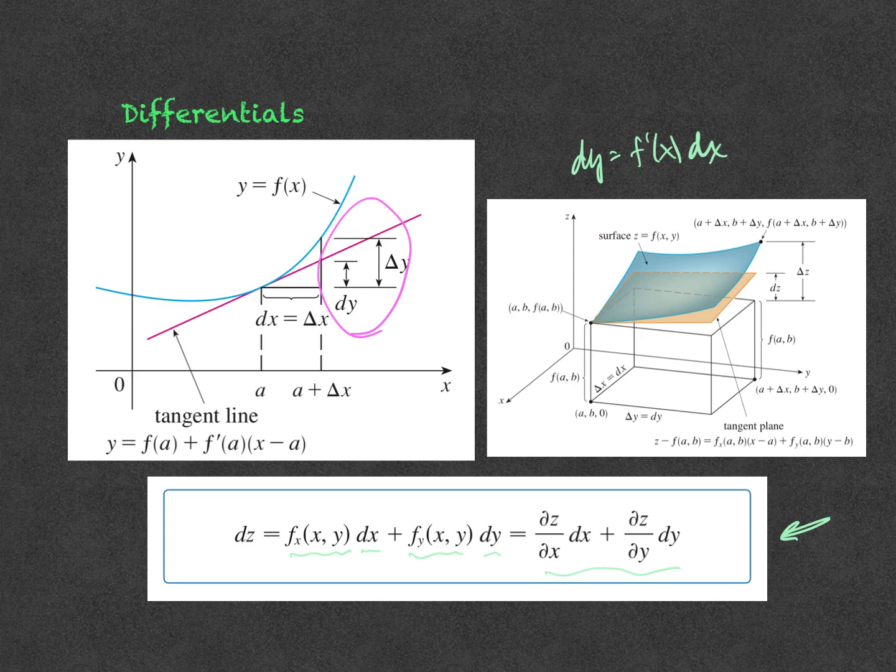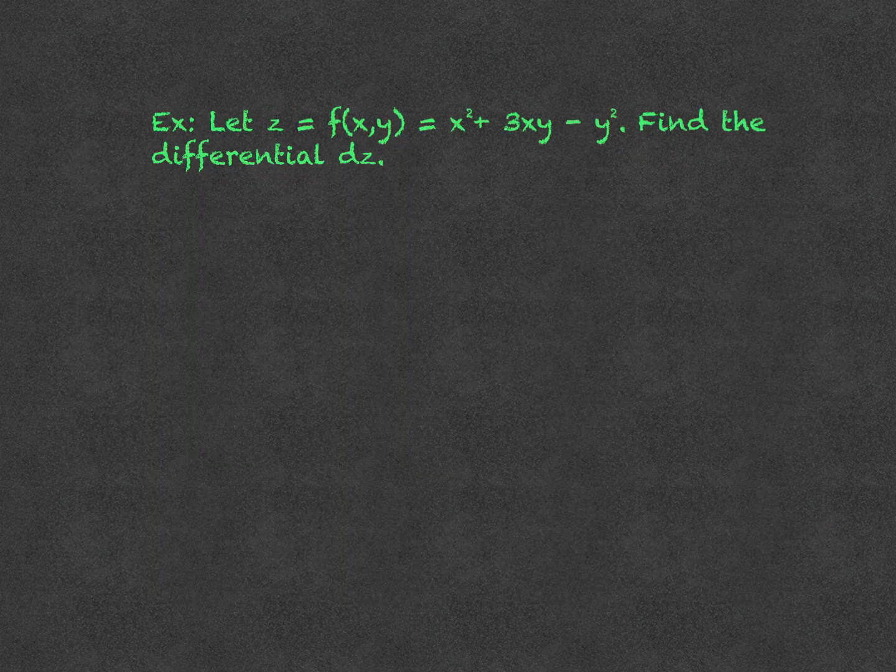So let's look at finding a differential. This problem says let z equal f of x, y equal x squared plus 3xy minus y squared. Find the differential dz. So let's go ahead and jump in. Let's say dz equals the derivative of x squared is 2x dx, the differential, plus, now we're going to have to use product rule here.